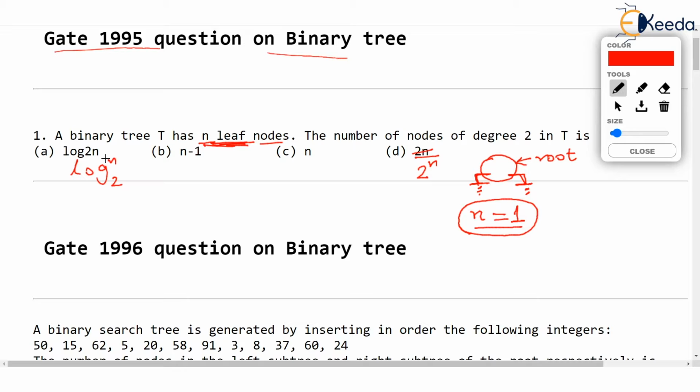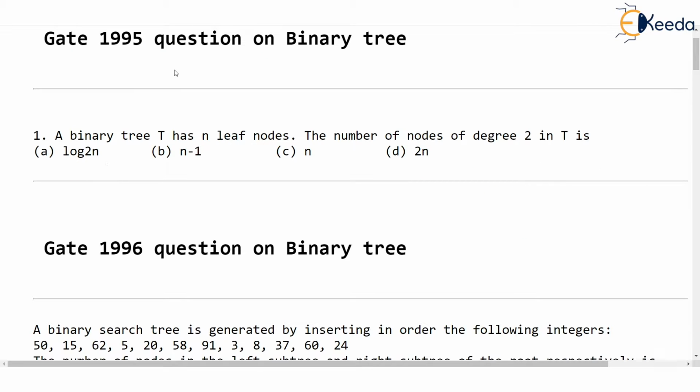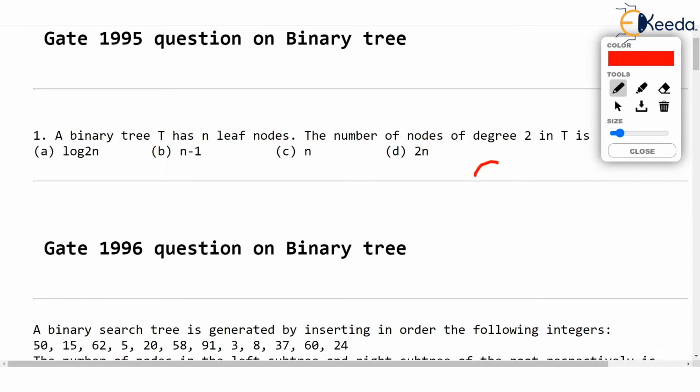Let's try with a bigger tree. Consider a tree like this. This tree still has one leaf node. The topmost node is still the root, and this one is a leaf because it has no children.